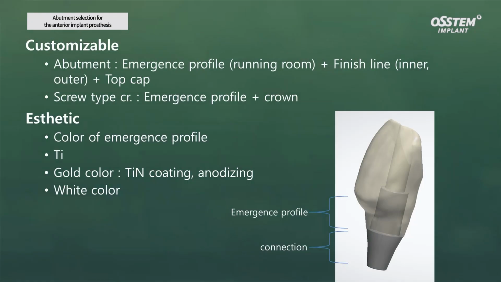For the screw type, you customize the crown on top of the emergence profile, and also in abutment aesthetics, first, the running room area and the emergence profile area color also need to be aesthetic. So with titanium color or metal color being exposed, if it's a thick biotype, the metal color is not a problem, but if it's a problem, sometimes you give a gold color with a titanium coating or through anodizing.